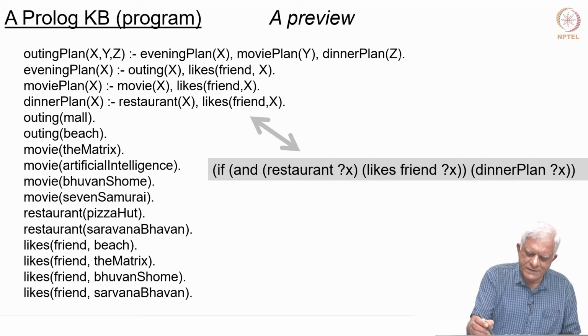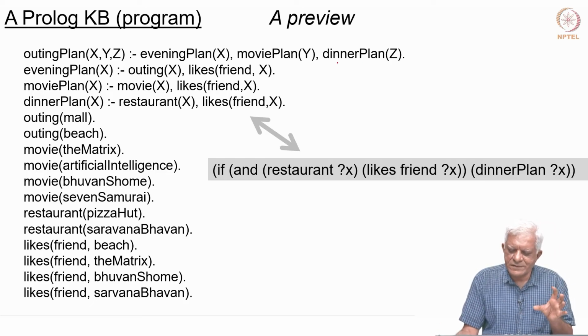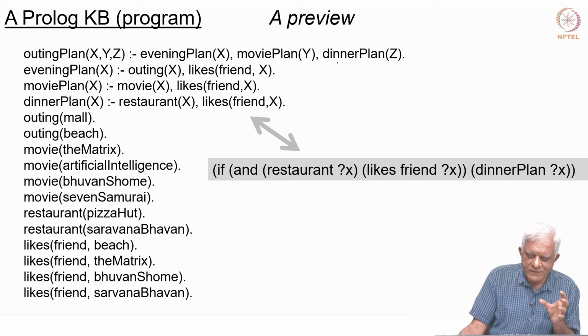So, that is expressed in the first line, which should be seen as a logical statement, but we can defer that to later. Let us look at the fourth line, which is one component of the outing plan, which is dinner.